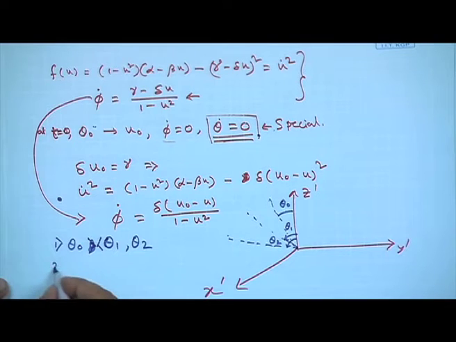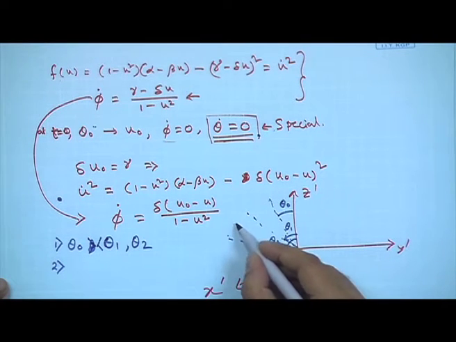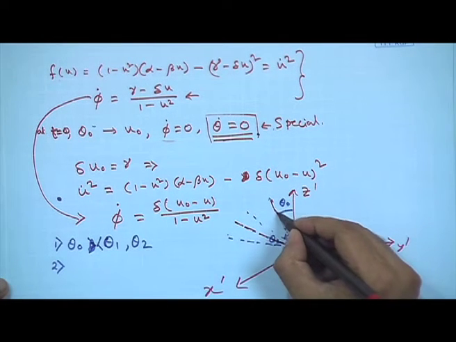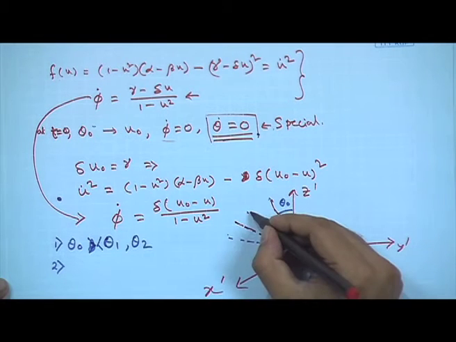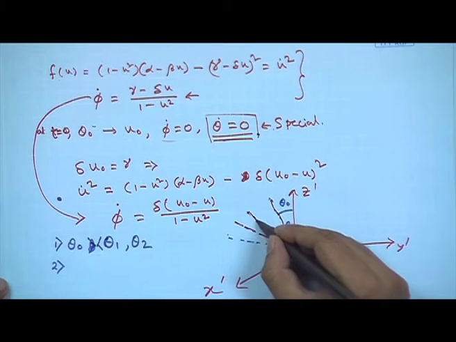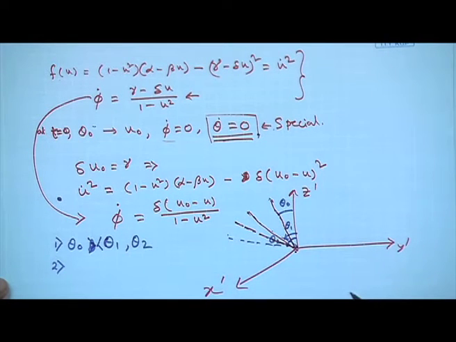We can have a case where theta 0 is in between theta 1 and theta 2. It can be less than theta 1 and theta 2, it can be equal to the upper bound, theta 1. But if it is equal to theta 2 and starts falling from here, or if it is less or greater than theta 2 and starts falling from there, then the top motion is not physically possible.